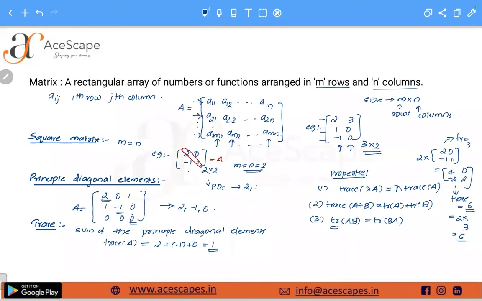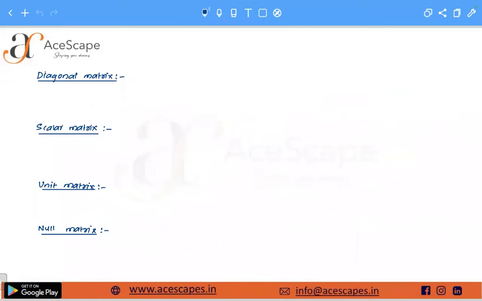So another type of matrix is called a diagonal matrix. The definition of a diagonal matrix is that it is a square matrix with all elements except the principal diagonal elements being 0.